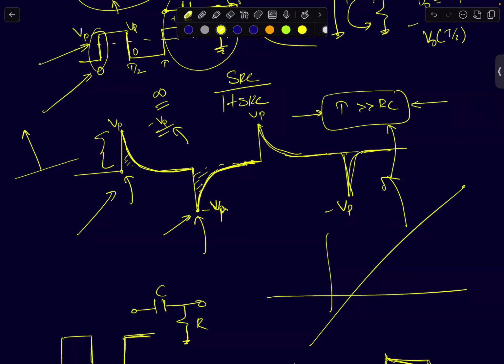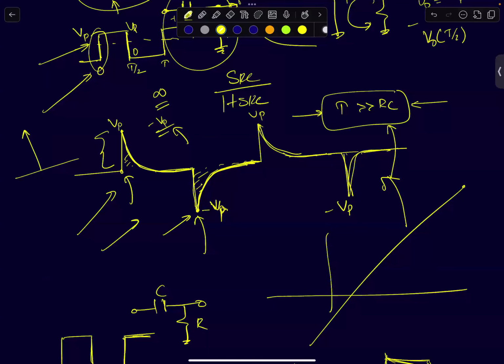This follows from the frequency domain graph. It follows from the fact that the high frequency gain is just equal to 1. That simply states that the magnitude of the maximum jump at the output will be the same as the magnitude of the voltage jump at the input. So that's how we interpret this waveform.